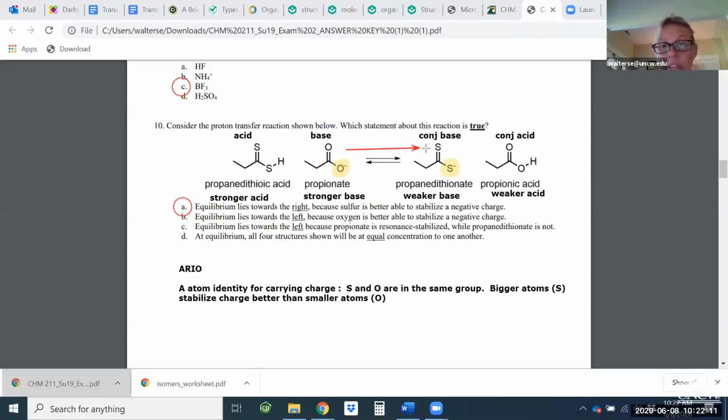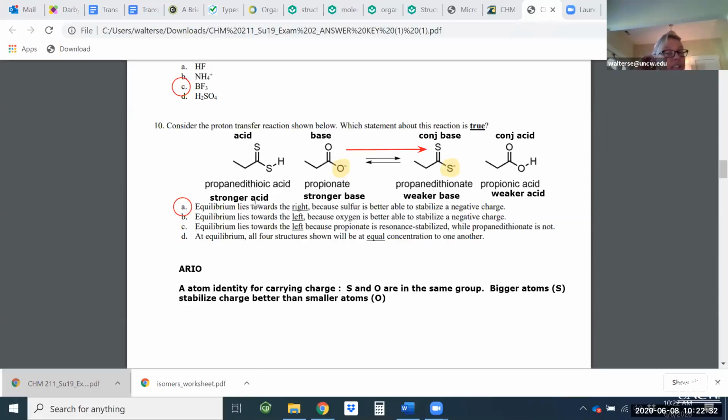So even though you don't have the pKa values, you always go from strong acid to weak acid. So this is right-hand side favored. B says to the left, C says to the left, D says they'll be equal, which is pretty unlikely. So A is to the right.